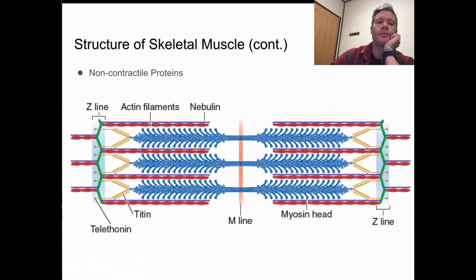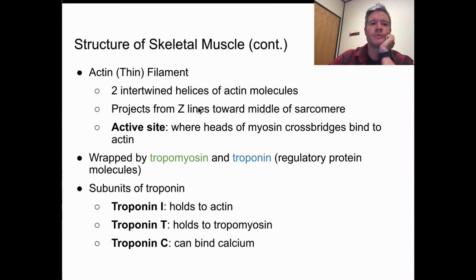So if we want to explore how contraction works a little bit, we need to dive into this component of our actin filaments, because they're active, let's say. All right. We need to speak about actin because it is one of the major components as far as allowing cross-bridge or attachment sites to occur, to allow myosin, that thick filament, to connect and paddle along or pull along the thin filaments.